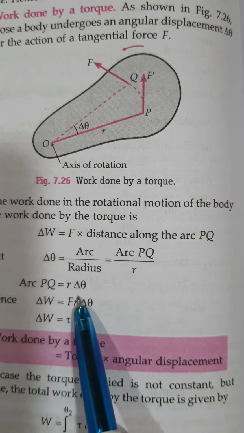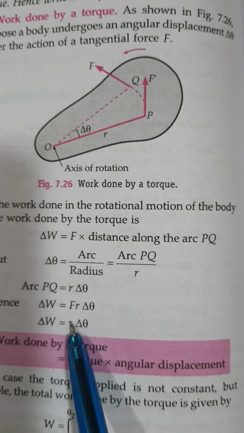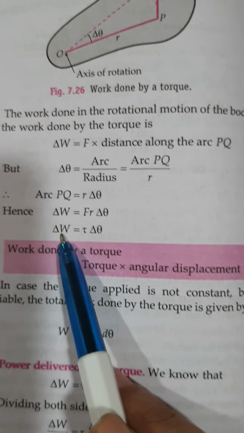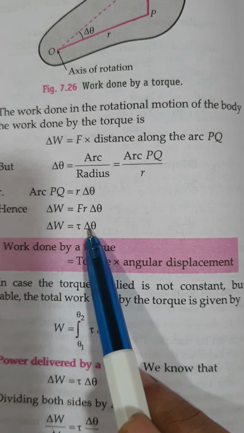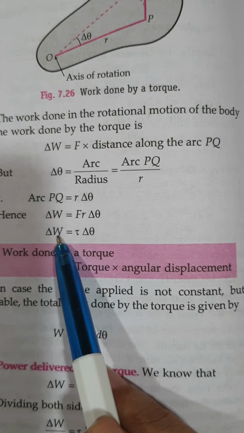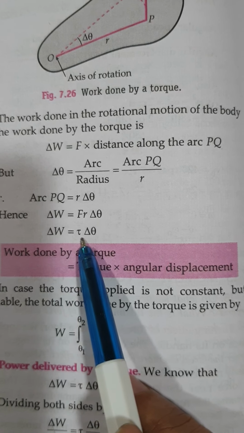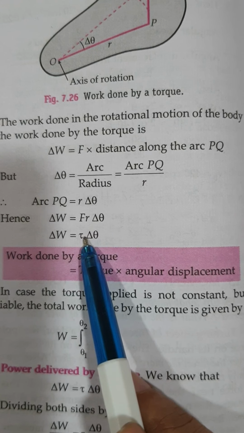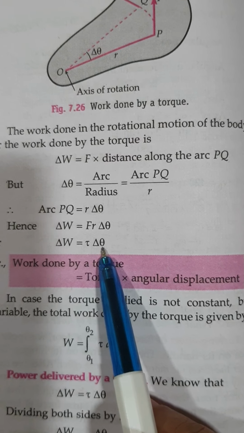So F into r is nothing but torque. So work done is equal to torque into d theta. If it is linear motion, torque would have been replaced by force and delta theta would have been replaced by ds, right?